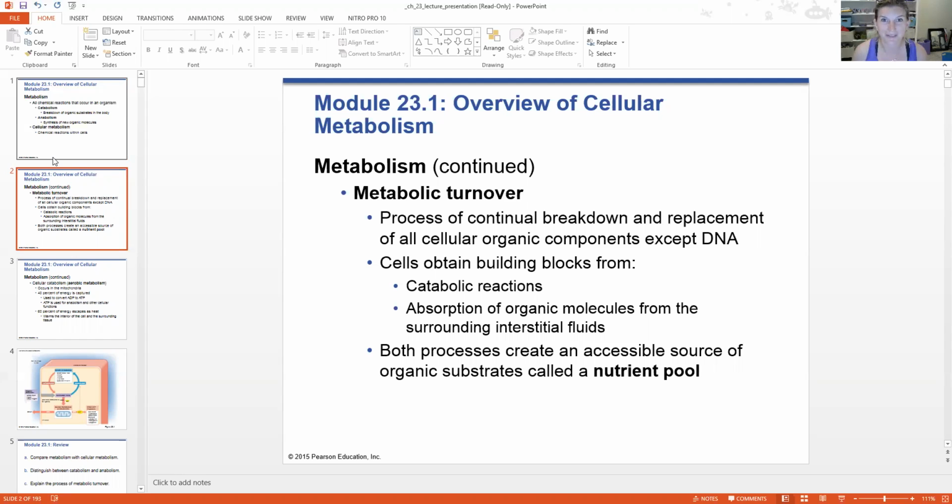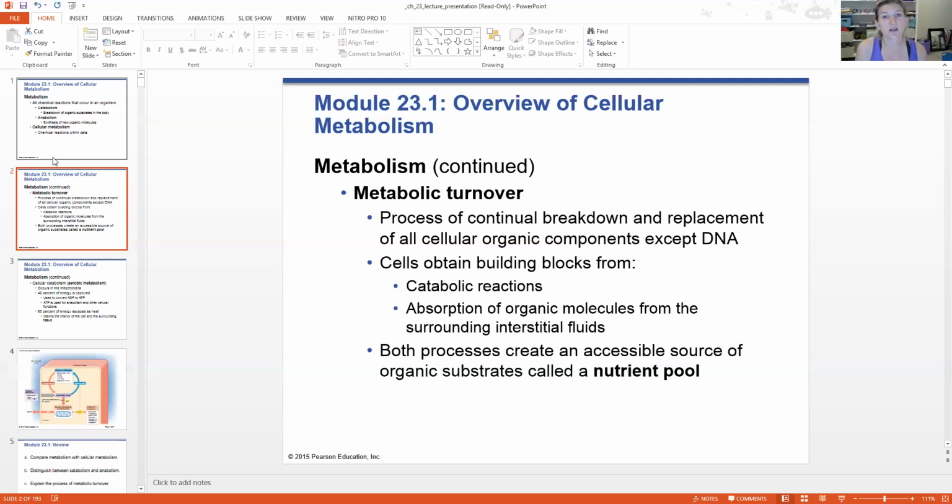Remember hemoglobin being recycled. All of these things that we've mentioned along the way will start to make a little bit more sense between this chapter and the next couple of chapters. The only thing that's not recycled in our cells is the DNA, because the DNA is maintained in the nucleus, unless the cell has been broken down for whatever reason, and then the subunits of DNA are recycled.